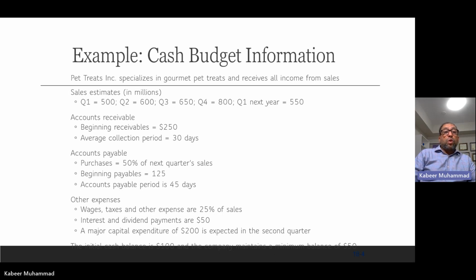Beginning payable is 125, and the accounts payable period is 45 days. Wages, taxes, and other expenses are 25% of sales. Interest and dividend payments are $50 per quarter, and a major capital expenditure of $200 is expected in the second quarter. These are all the information we need to make a cash budget.